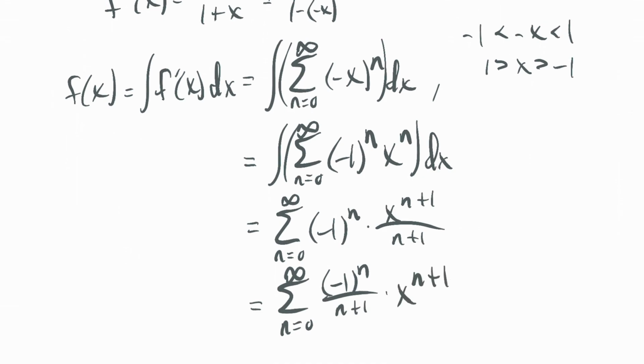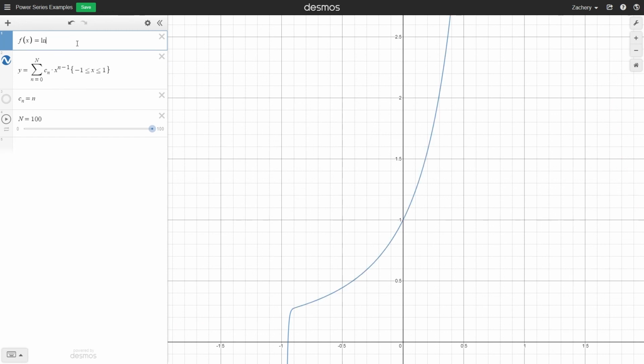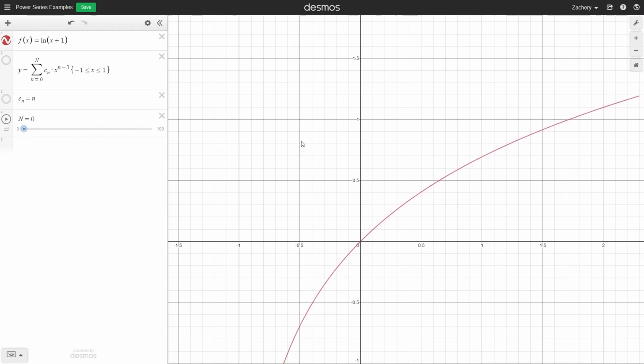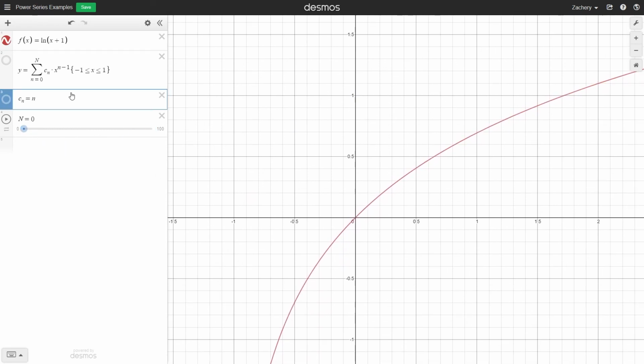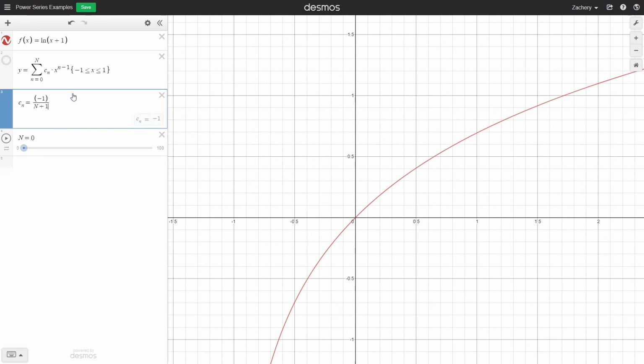Okay, so let's go graph this out and see if it really does look like the right result. Our function this time is ln of x plus 1. Let's hide that, take n down to 0. And my c sub n is negative 1 over n plus 1, I need an x, caps lock was on, to the n power.